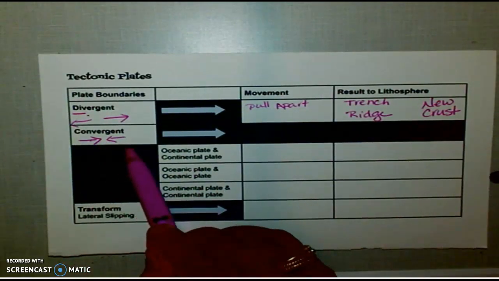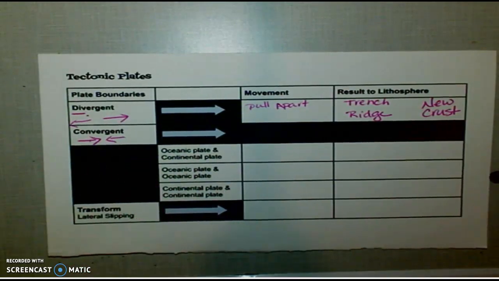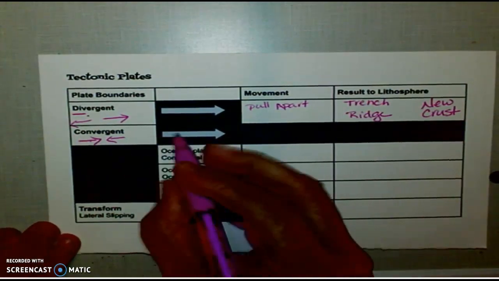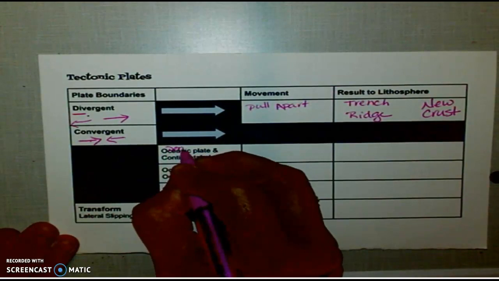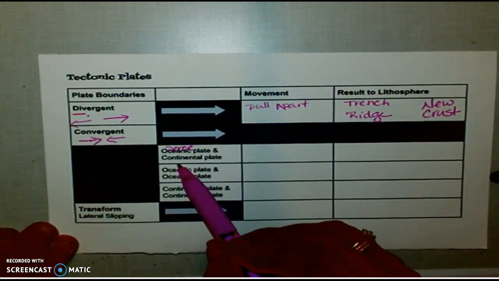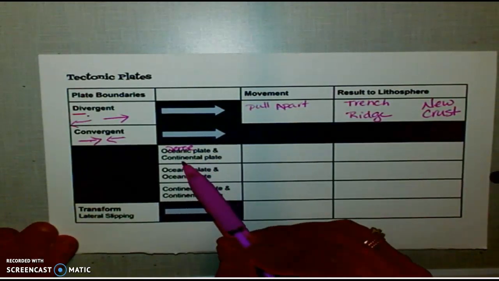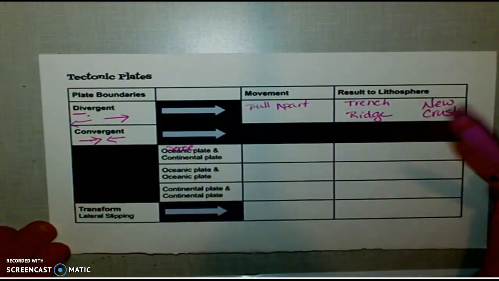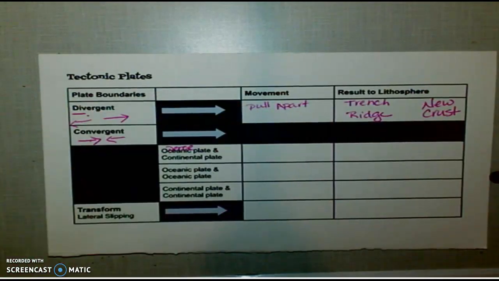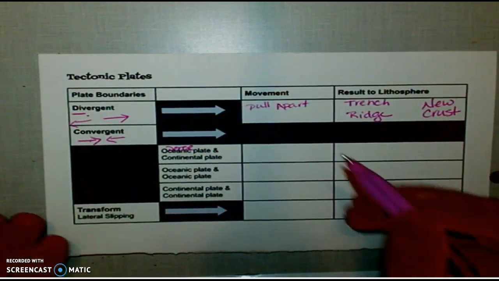Now, what happens with converging plates depends on what kind of plate you're going to have. If you have an oceanic plate, now remember, the oceanic plate is much more dense, coming up on a continental plate. One of them, the more dense one, is going to slide under the continental plate.